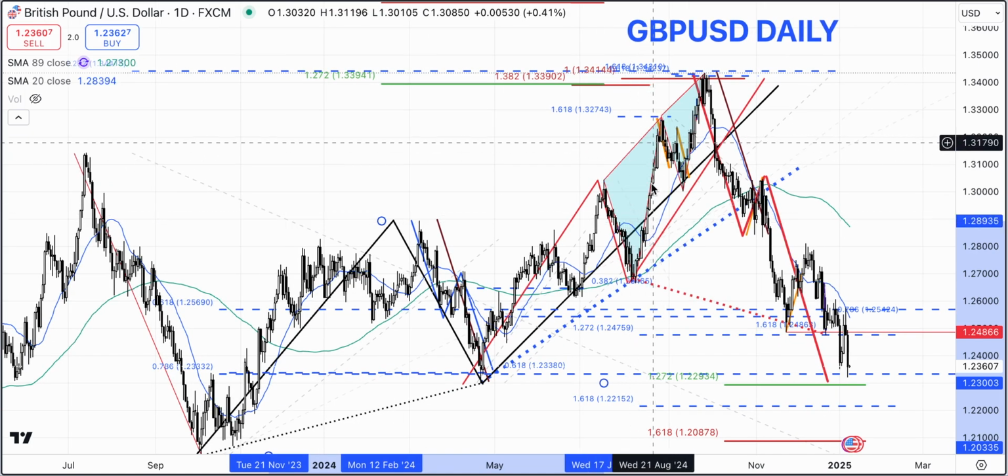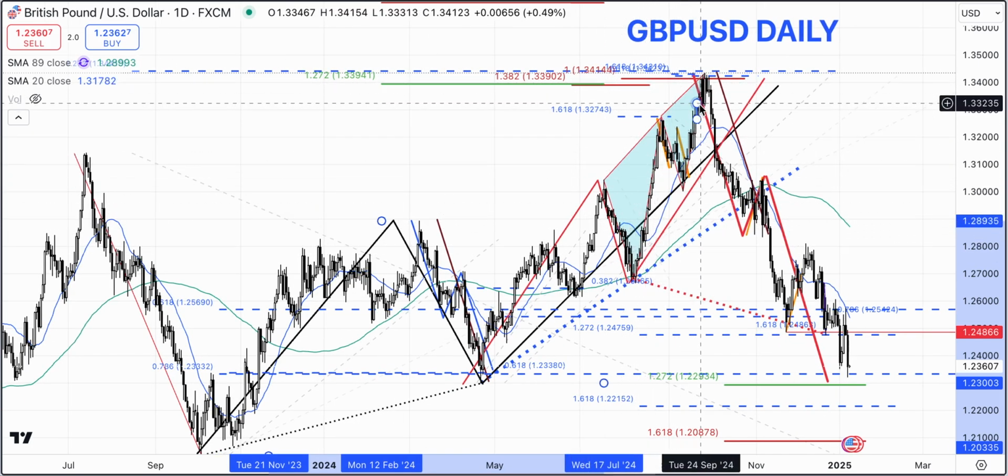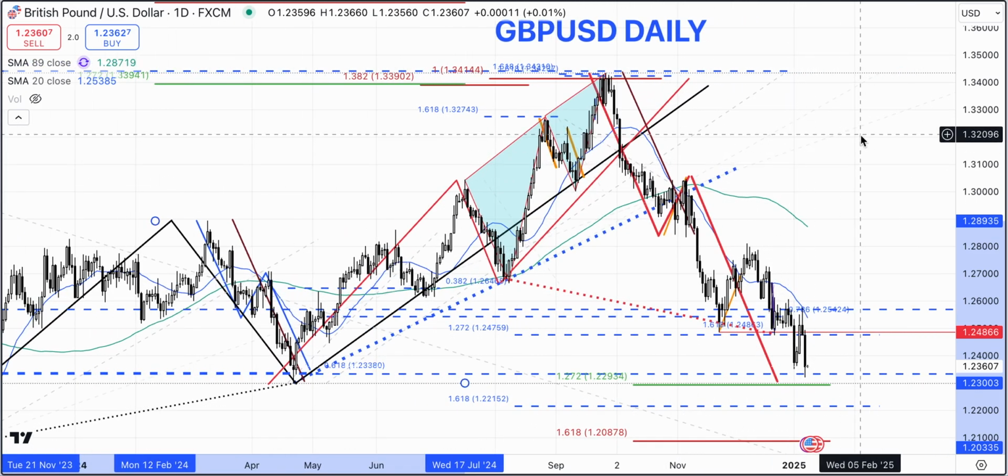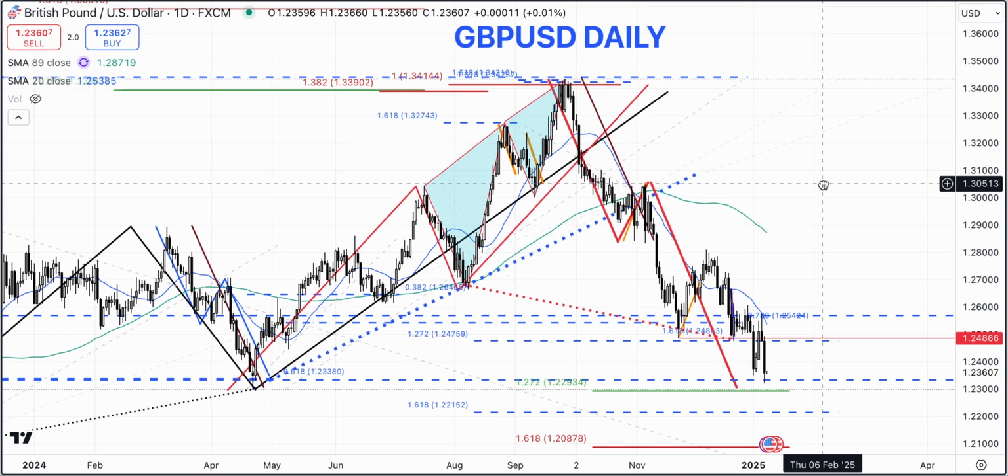And then there were smaller ones. We had this 3 drives to a top pattern, which is in the shaded region. We had a number of ratios and patterns coming together, and whenever we have this situation where we have more than one ratio or pattern coming together, it's a level we pay really close attention to.